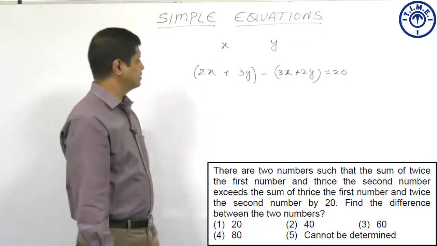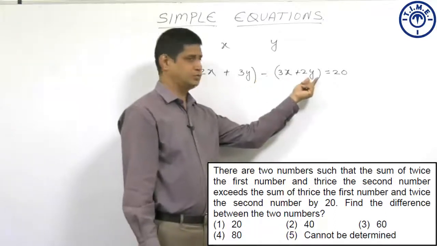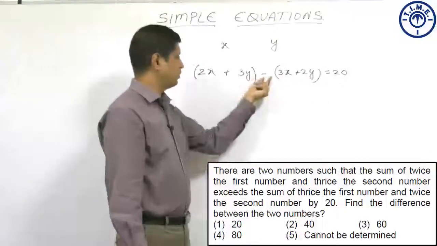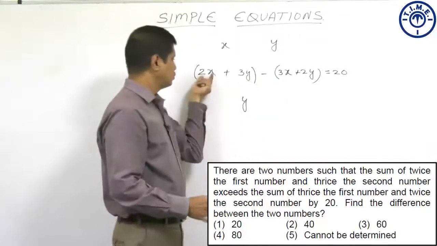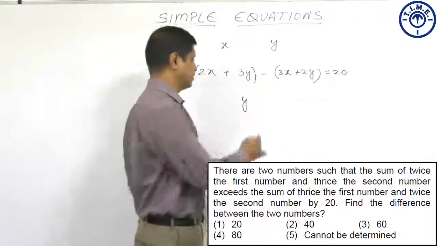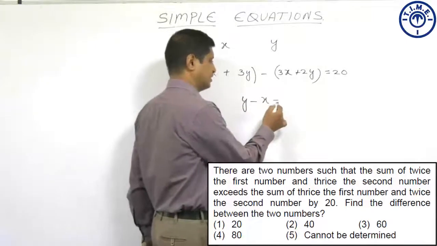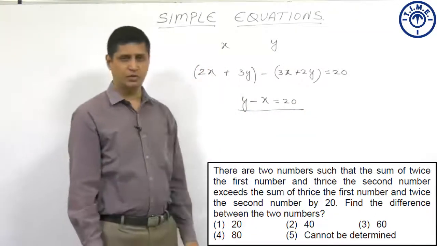Now, simplify this. What is the result? 3y minus 2y means we get y. Now, 2x minus 3x means minus x, so y minus x is equal to 20. So, what is the question here?